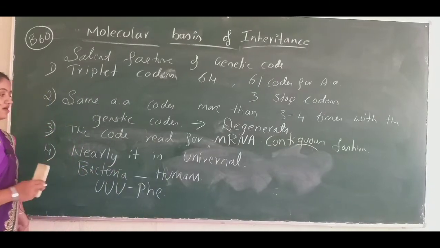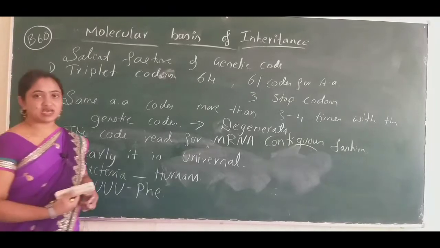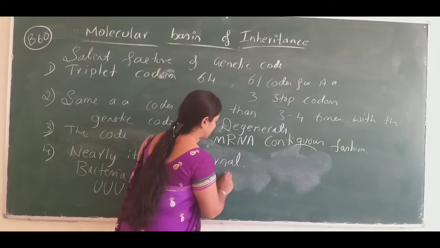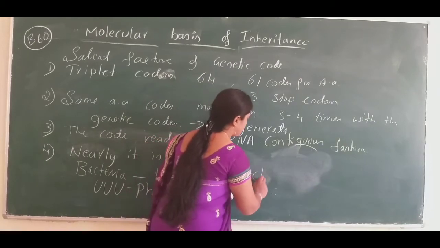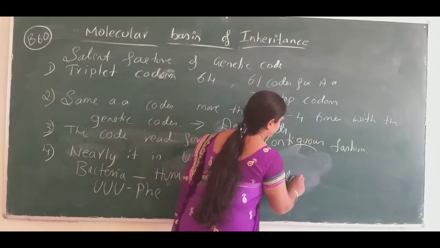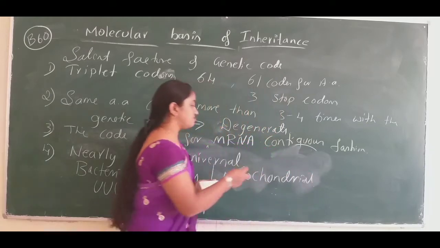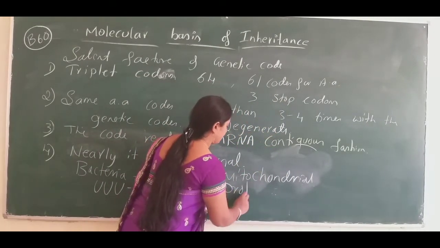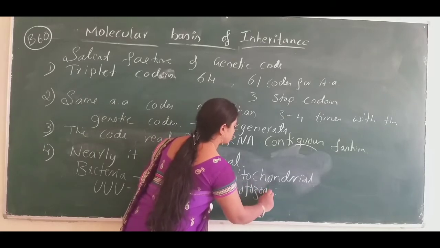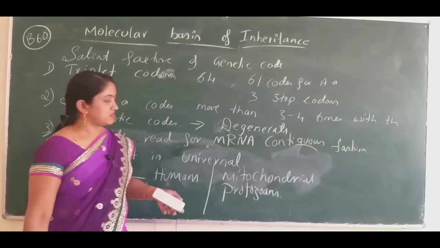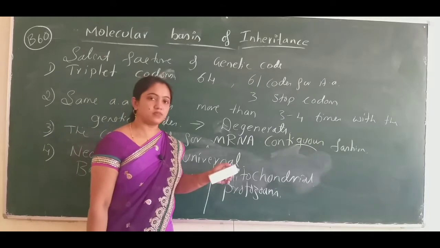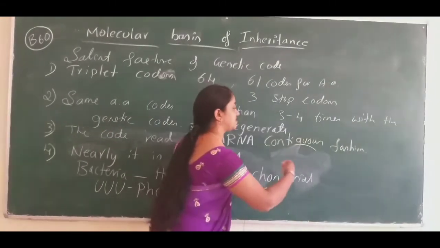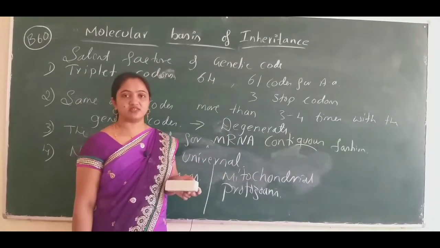But here a few exceptions are there. Exceptions in the sense, the mitochondrial process in some organisms, and in some protozoans, a different genetic code codes for a different amino acid.